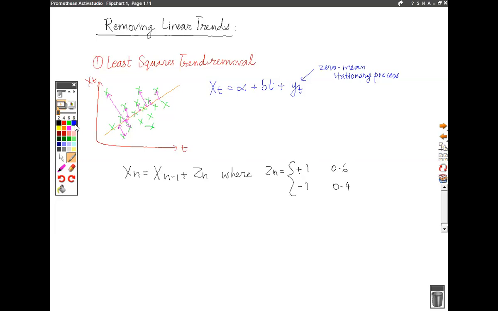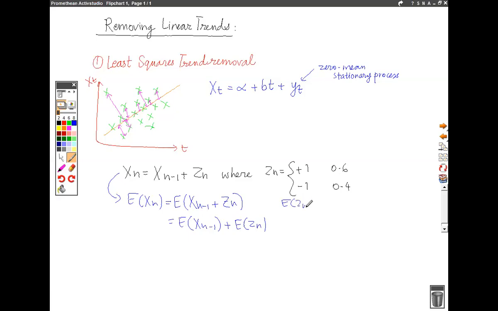Let us see what the data tells us. So the very first thing is to check whether it has a constant expectation or not. So what I will do is, I'll have expectation of xn as expectation of xn minus 1 plus zn, which will be expectation of xn minus 1 plus expectation of zn. And now I know that my expectation of zn is not 0.